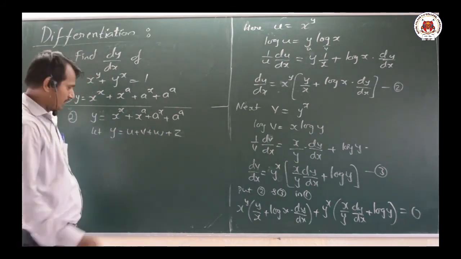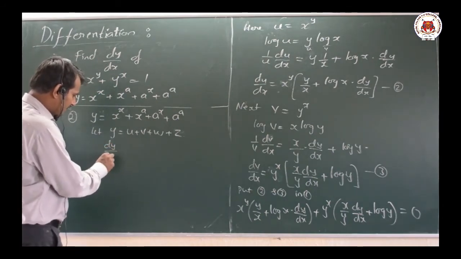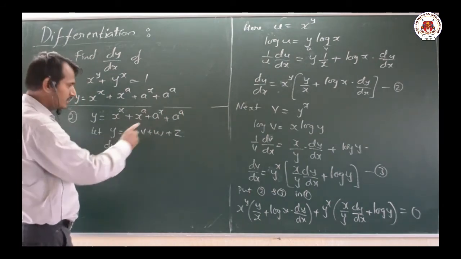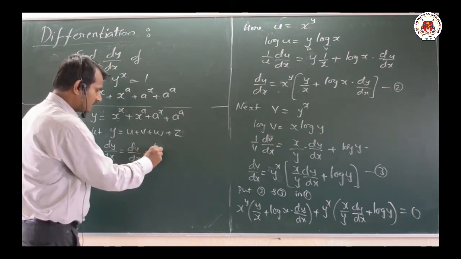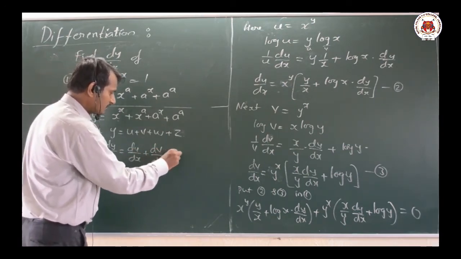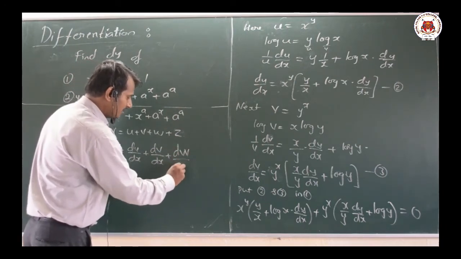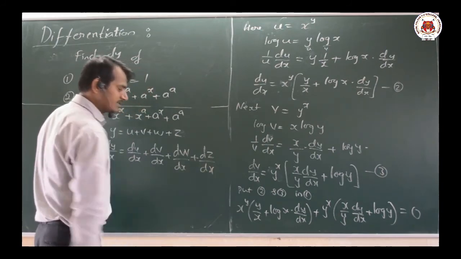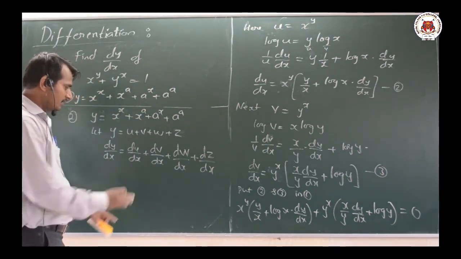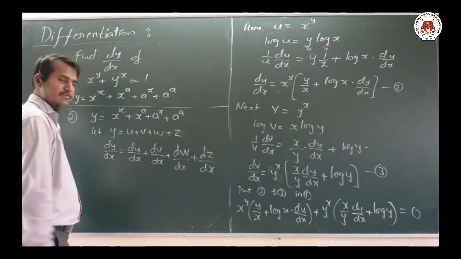These are the functions. Dy by dx, that means differentiating all of this, is du by dx plus dv by dx plus dw by dx plus dz by dx. Now here we shall find each and every value very clearly.